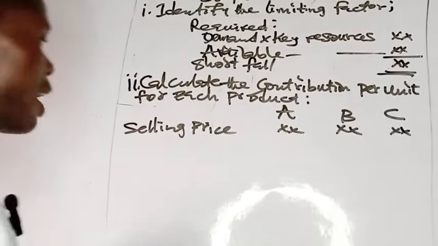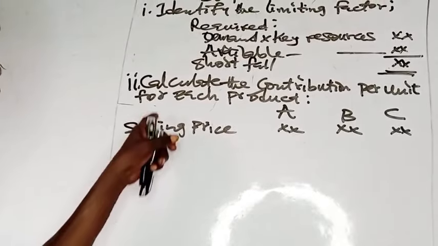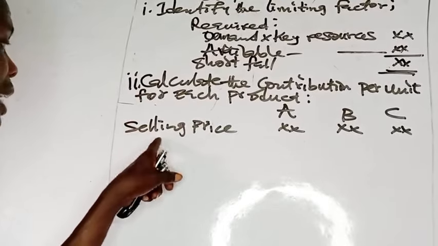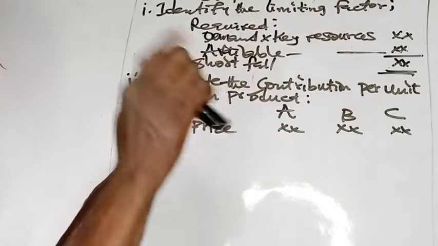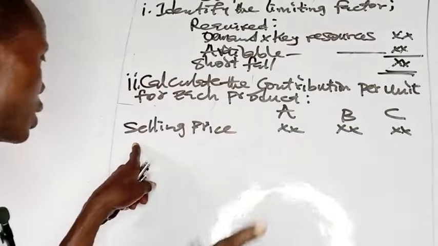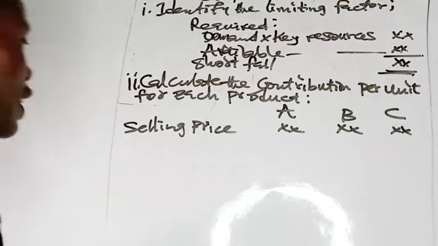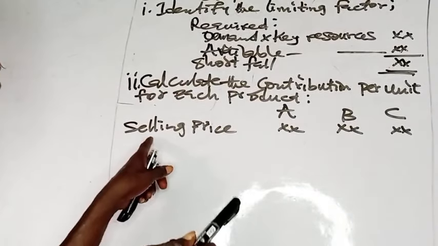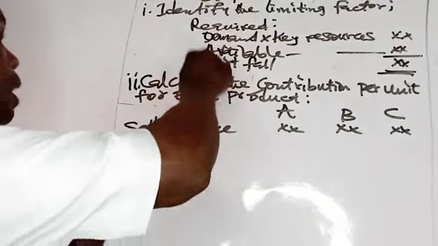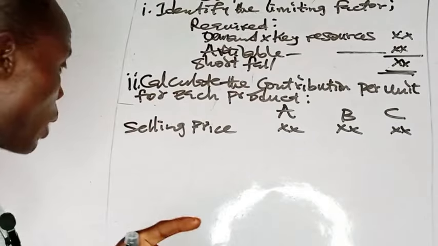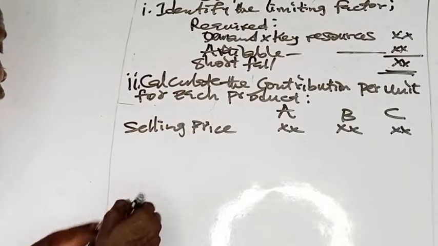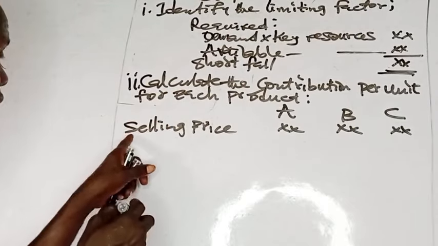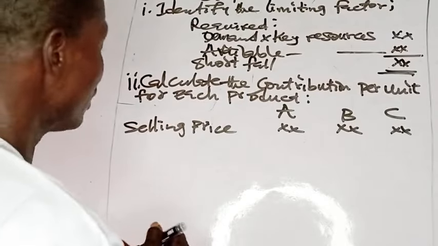If you are given total revenue, you will need to divide by the number of units demanded in order to get the selling price, which is the price for a unit of that product. So in that case, the selling price will be total revenue divided by number of units demanded.